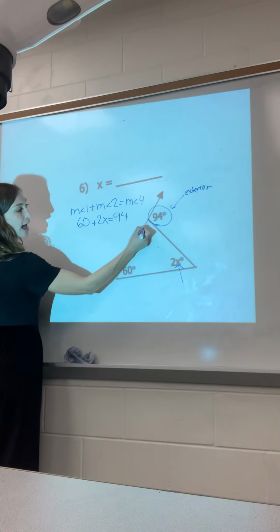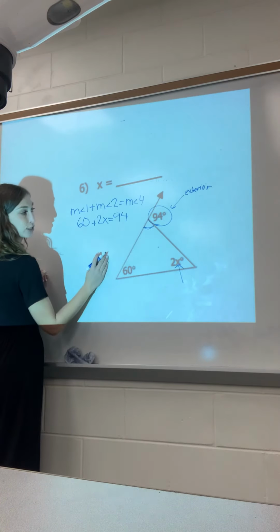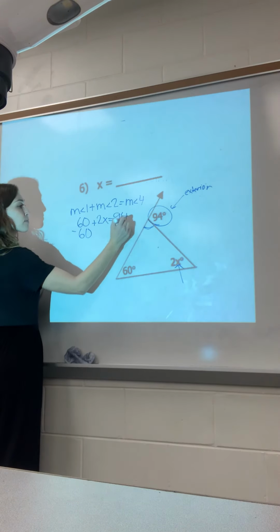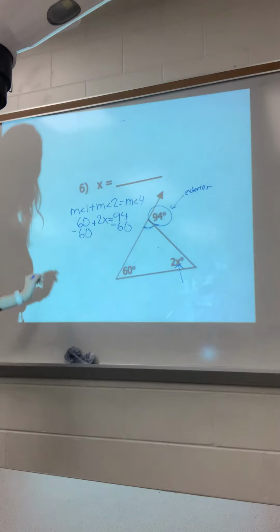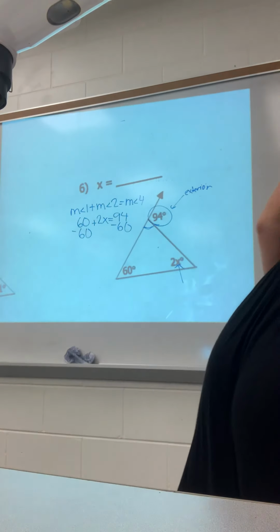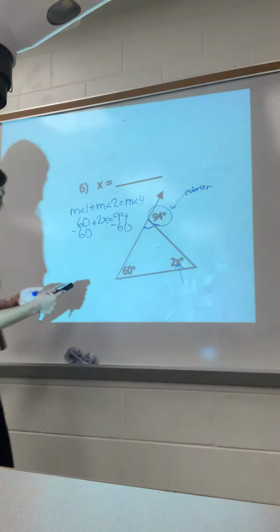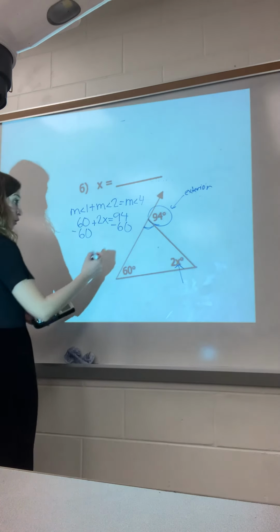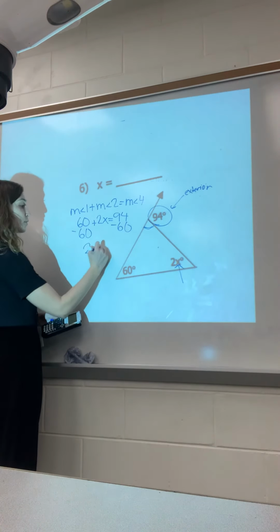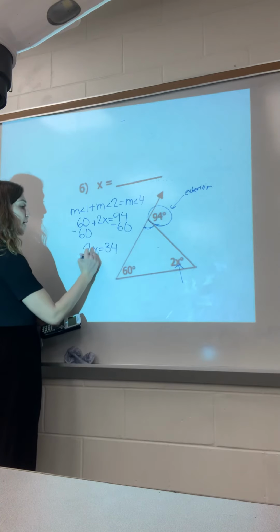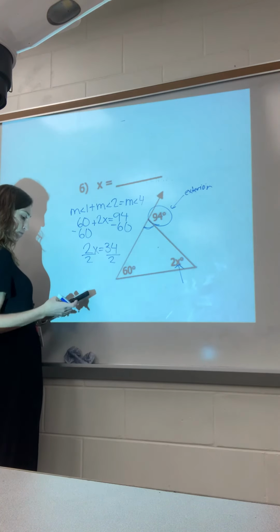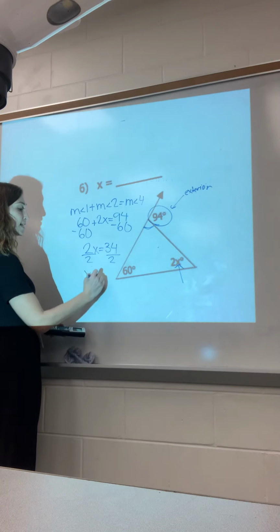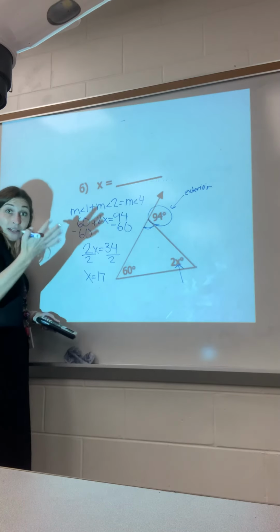As you notice, I'm not using this angle because I don't need to. Okay? I'm going to subtract 60, grab my calculator again, because why not? So 94 minus 60 will give me 34. So I have 2x equals 34, divide by 2. So x equals 17. Now let's check.